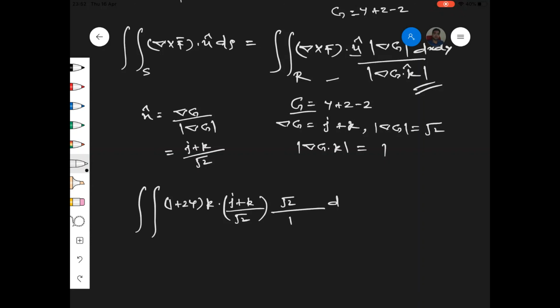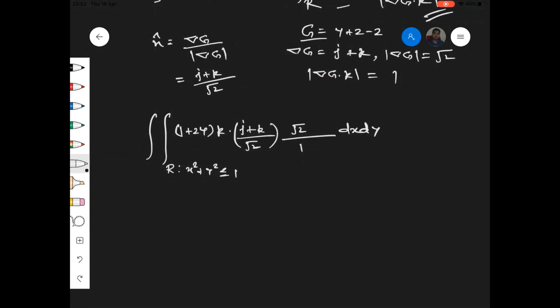Since we have taken the projection in the xy plane, we have dx dy, and the region is the unit disk, x square plus y square less than or equal to 1. So now let's simplify this integral over the region R. 1 plus 2y, this under root 2 will cancel out under root 2, dx dy.